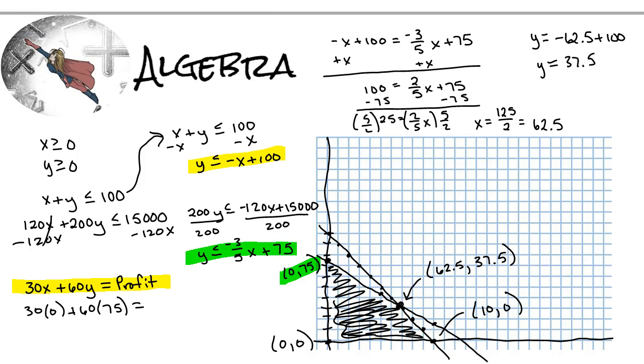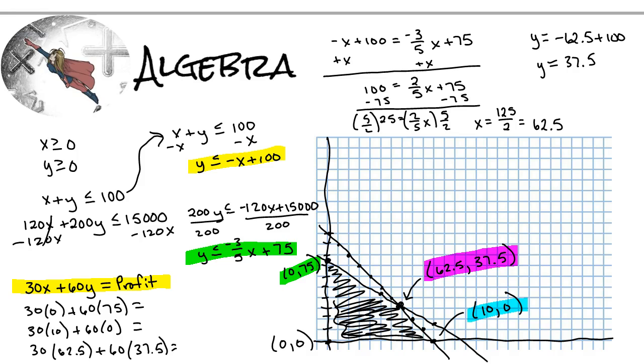Then, why don't we plug in 10, 0 next? That's going to be 30 times 10 plus 60 times 0, and that'll give us that profit. Then we could plug in this crazy point with the decimals. That'll be 30 times 62.5 plus 60 times 37.5.